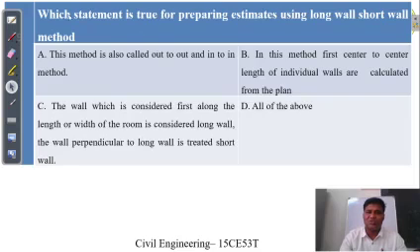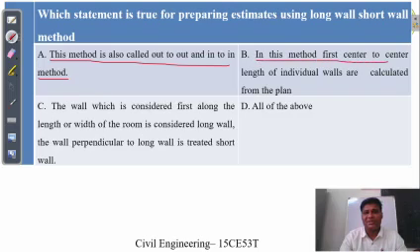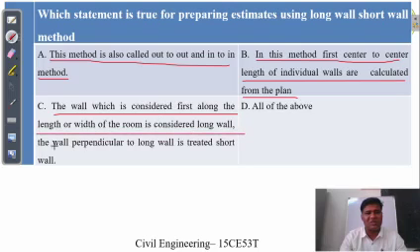Which statement is true for preparing estimates using the long wall and short wall method? This method is also called the out to out and in to in method. Option B, in this method, first center to center length of individual walls are calculated from the plan. Option C, the wall which is considered first along the length or width of the room is considered long wall, and the wall perpendicular to the long wall is termed short wall.